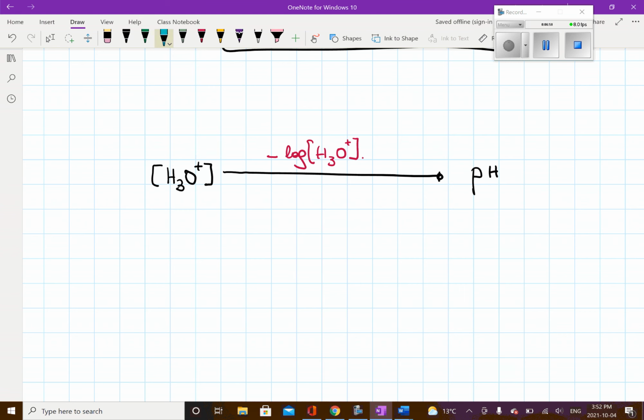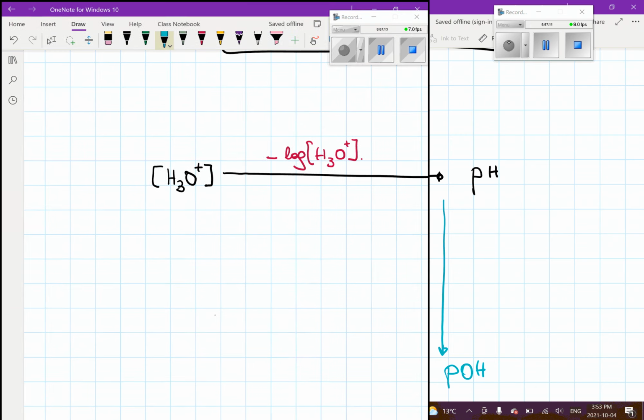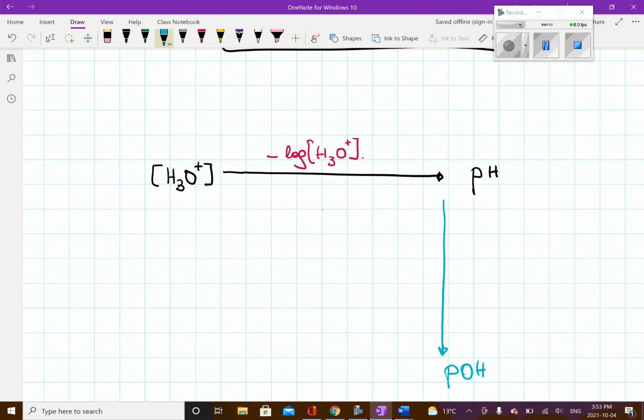And if we know the pH and we want to calculate pOH, then we use the fact that pH plus pOH is equal to 14.